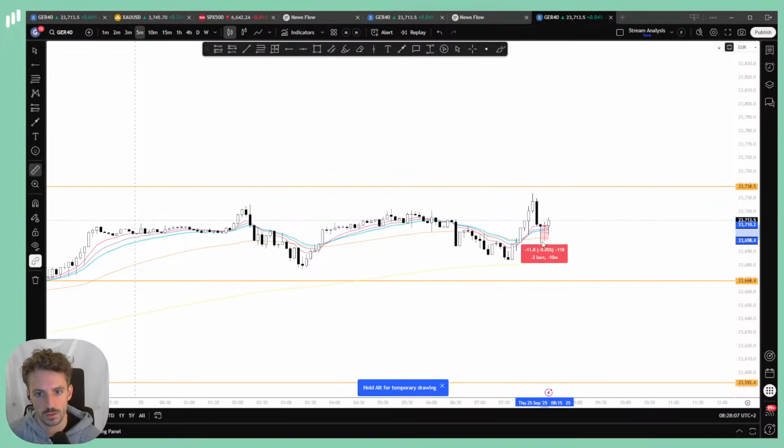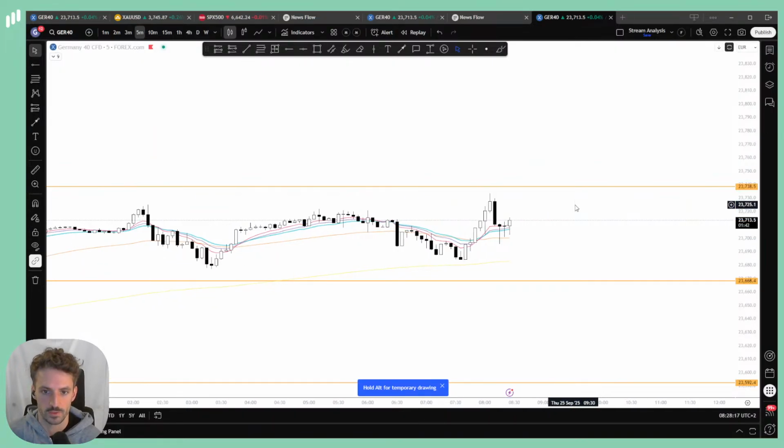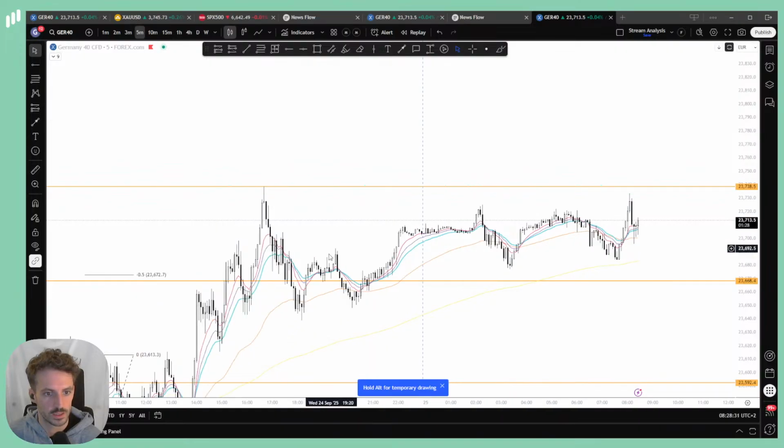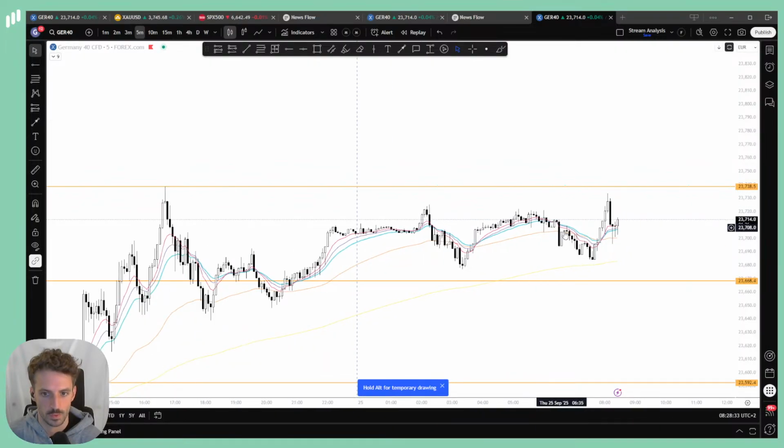Could well interpret this as the end of a pullback and see some buying up to yesterday's high, at least for a brief moment, because we are so close to the high of yesterday. And that's what I would be looking for now. And then see how market reacts. Also see how market reacts if we go back here again.